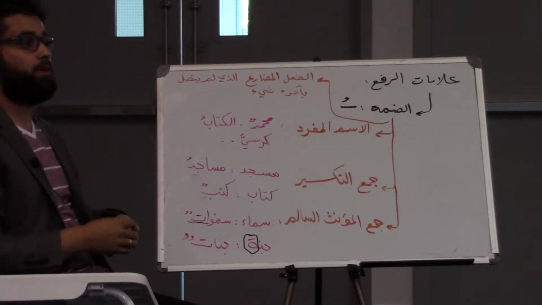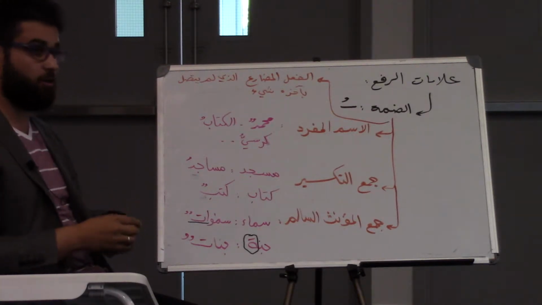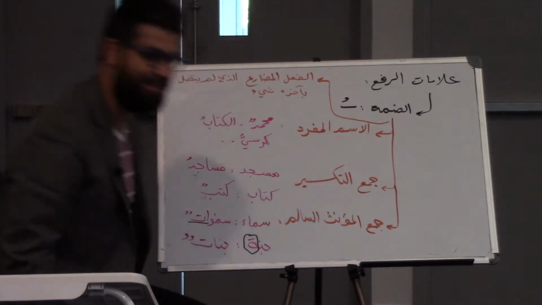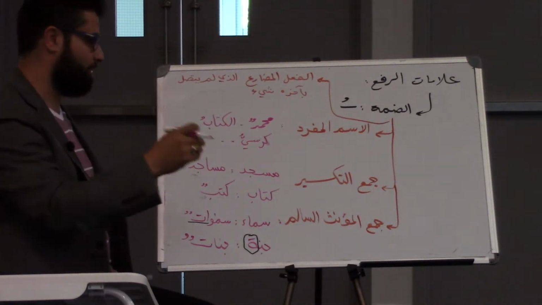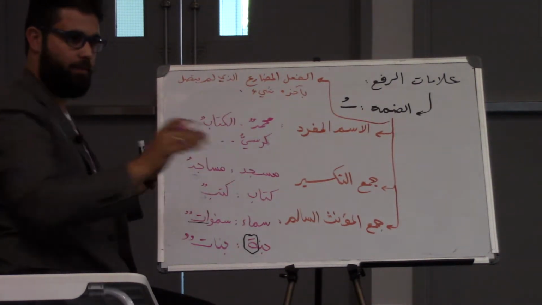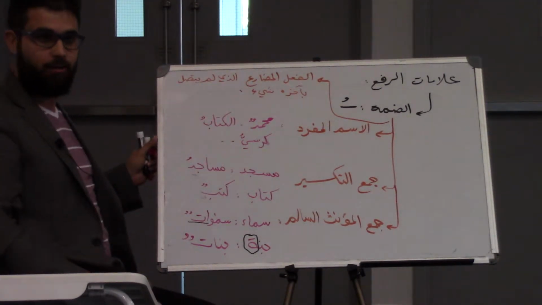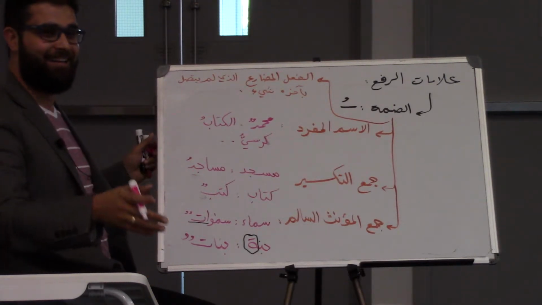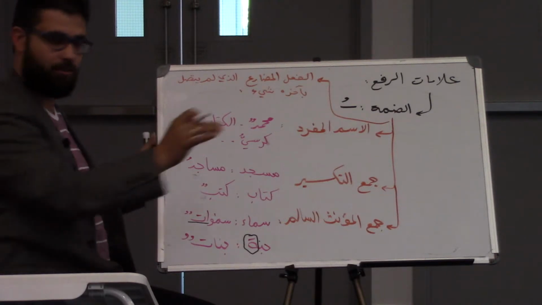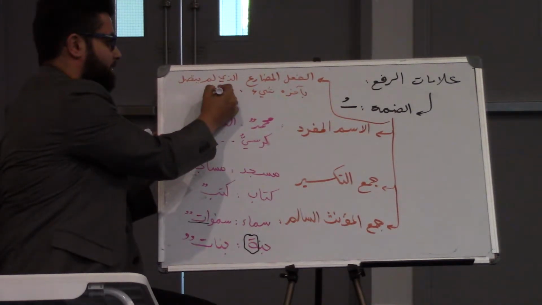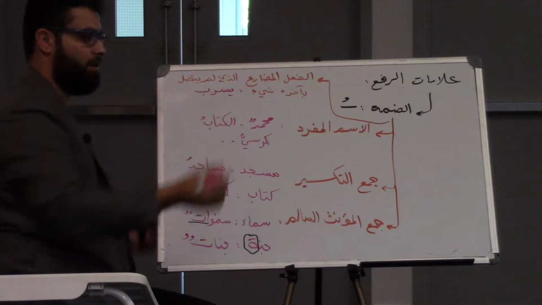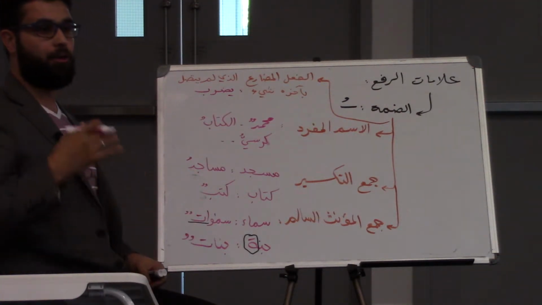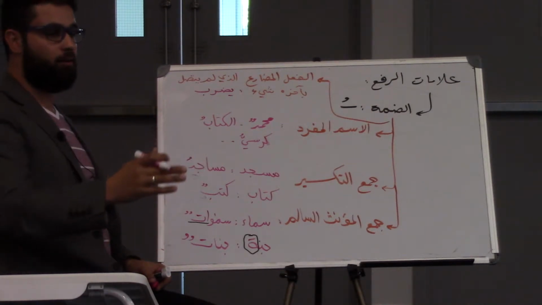So what's an example of a present tense verb? Just give me any present tense verb that comes to your head. Let's say yadrib. We're Arabs, it's always yadrib, so it's always going to be hit. So yadrib is a present tense verb that doesn't have anything attached to the end of it, like yadribun maybe, or yadriban, or tadribin.